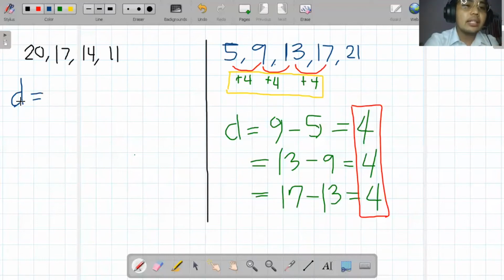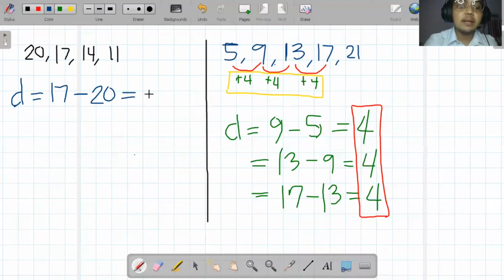So our second term, a sub 2 in this example, so 20, 17, 14, our second term is 17. So 17 minus our first term is 20. So 17 minus 20. That will be equal to how much? Oh, gamay man na, minus sa dako. So when you subtract small minus big, you expect that the answer is negative.